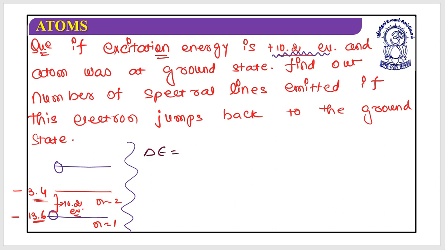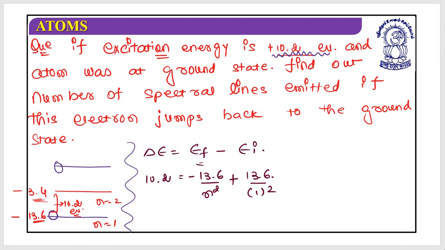We understand that delta E equals E final minus E initial. What is E final that we don't know? E initial is minus 13.6 by n square, with n equals 1 whole square, so minus minus plus 13.6, and this equals 10.2 eV.